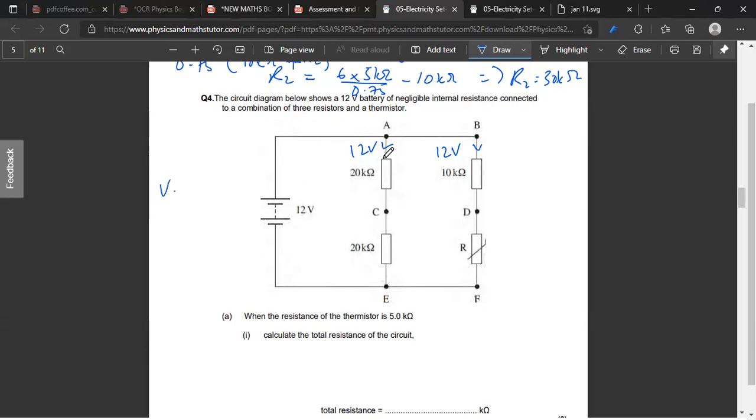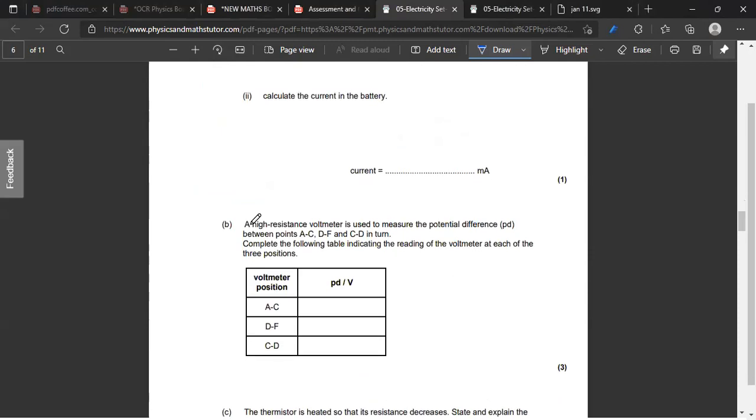V equals 12 times 20 kilo ohms divided by 20 kilo ohms plus 20 kilo ohms. So V is actually equal to 6 volt. So AC is 6 volt. So you'll just write this is 6 volt, and DF.